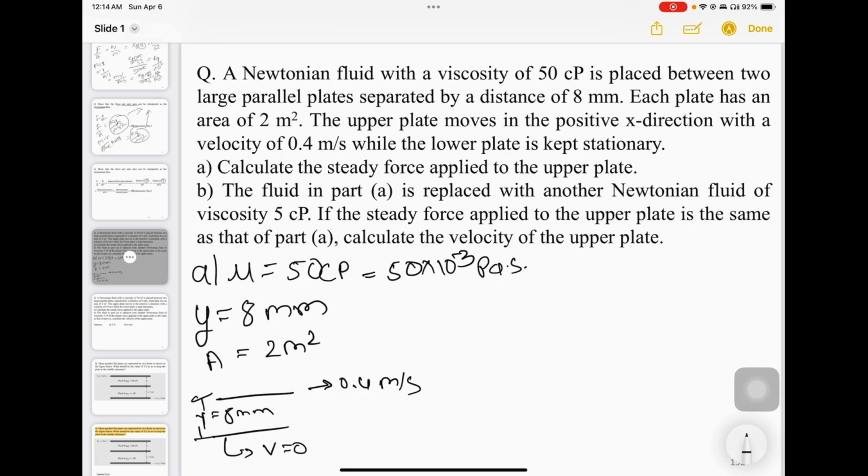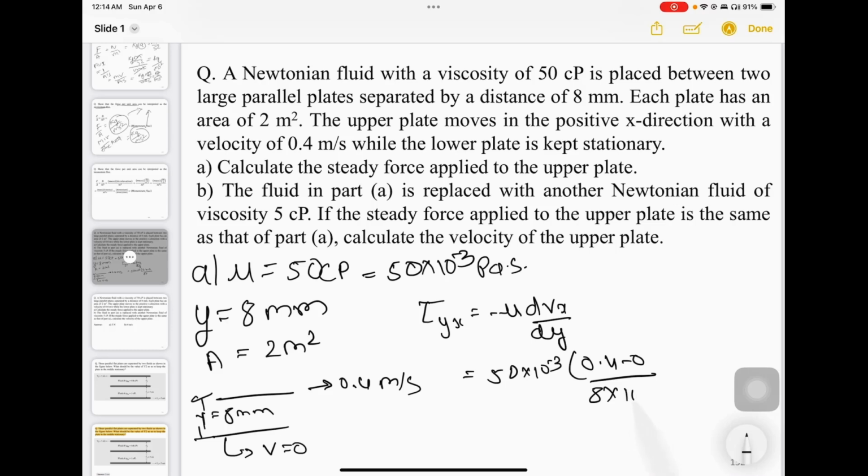So we will use Newton's law of viscosity, which says tau yx is equal to minus mu dvx by dy, which is 50 into 10 to the power minus 3, times the difference between the velocities, 0.4 minus 0, divided by the distance between the plates, which is 8 into 10 to the power minus 3 meters.